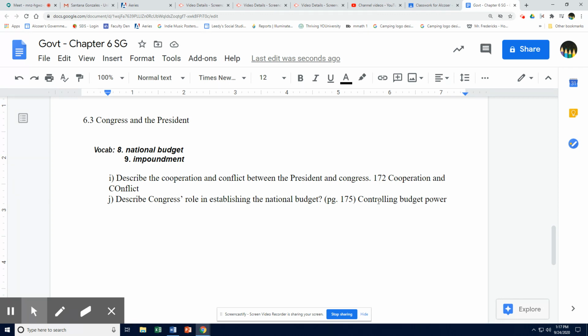Because of this, by the early 1970s, Congress has slipped into the role of merely reacting to budget proposals. So what you're answering is, Congress has slipped into the role of merely reacting to budget proposals. They don't have as much say or interest in it as they did before. It's more that the president has taken over the national budget. That's the first paragraph under controlling budget power.